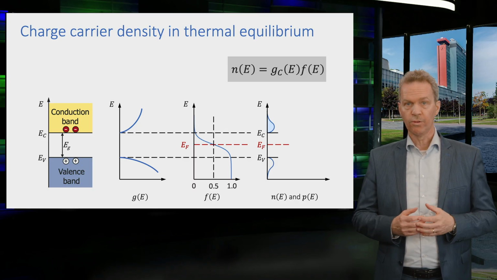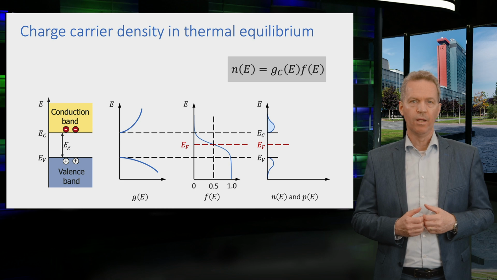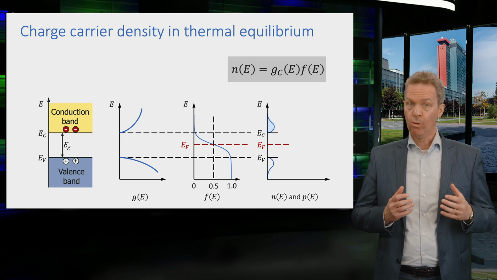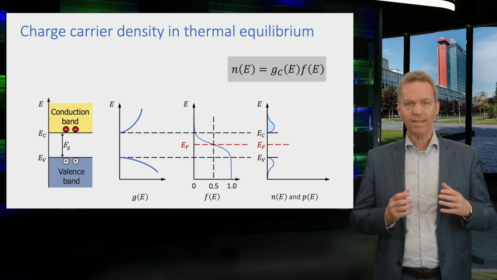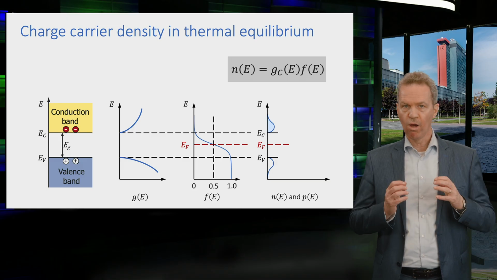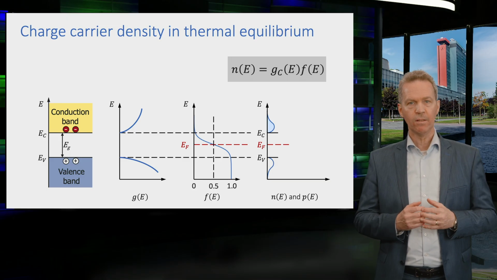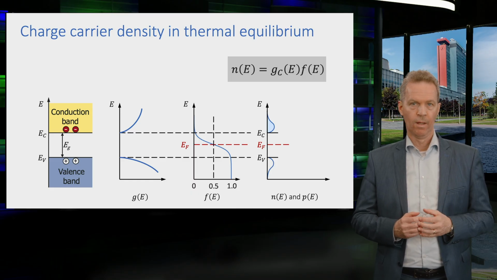For the hole concentration, the calculation is similar, though we need an adapted distribution function. The important conclusion is that in thermal equilibrium, at a given temperature, the free charge carrier concentration is fully determined by the band structure and the Fermi-Dirac function, and constant in time.